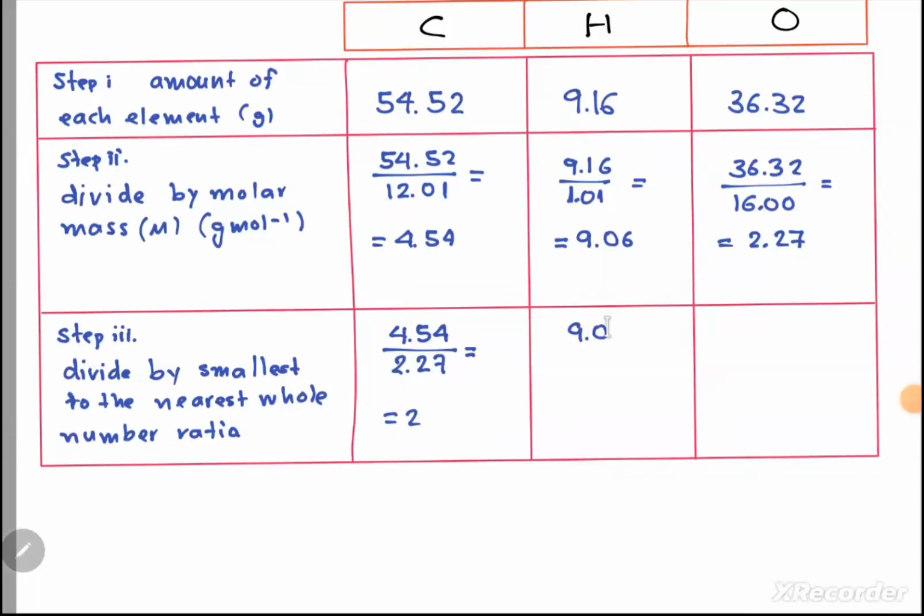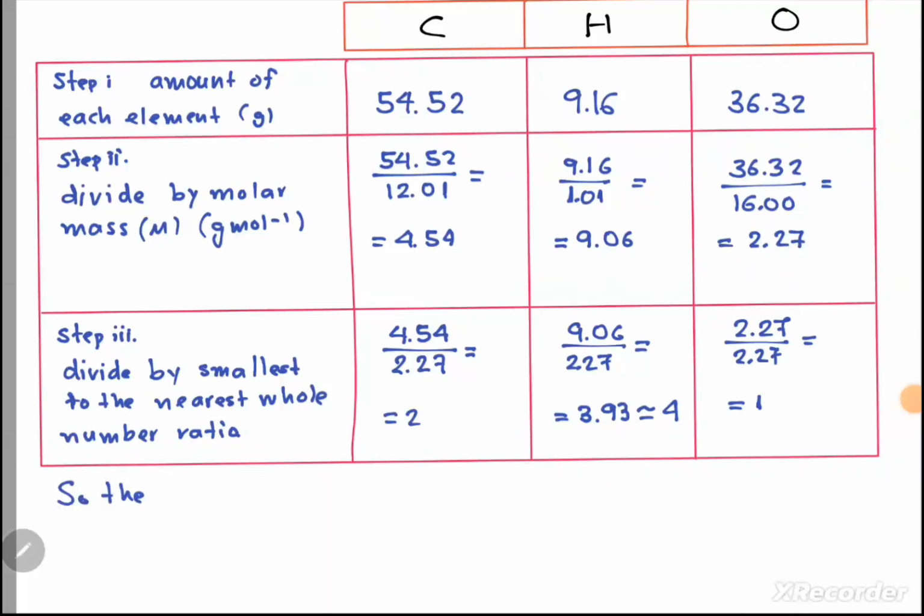For hydrogen, the result is 3.93, equal to 4, which is the nearest whole number ratio. And for oxygen, the result is 1.